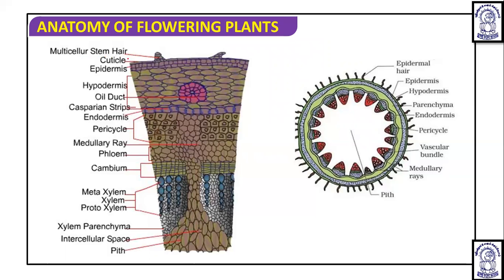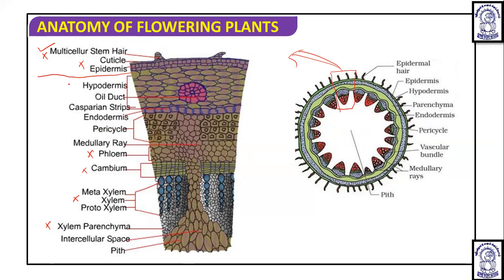You will see this is the multicellular hair on the stem, and this much part is drawn here. Here you can see the epidermis and cuticle. If we remove this epidermis part, it is not going to be part of the ground tissue system. In the same way, the phloem, xylem, cambium, and xylem parenchyma are not going to be part of the ground tissue system.